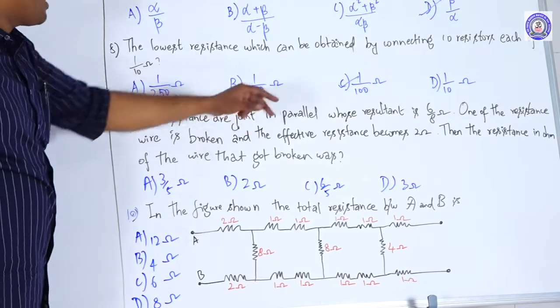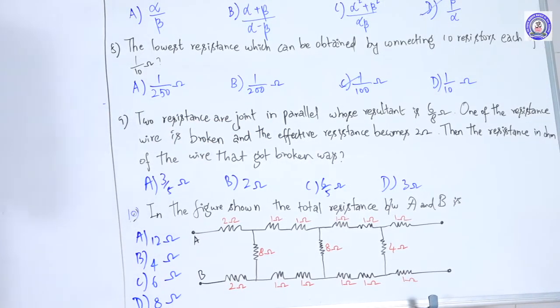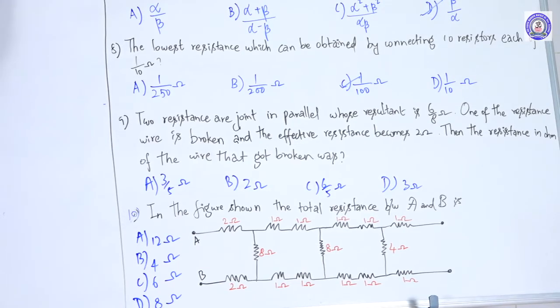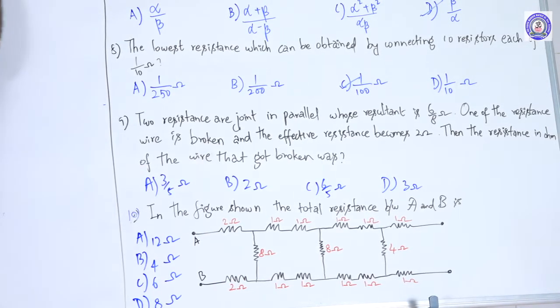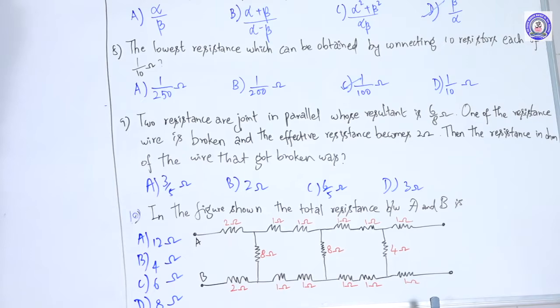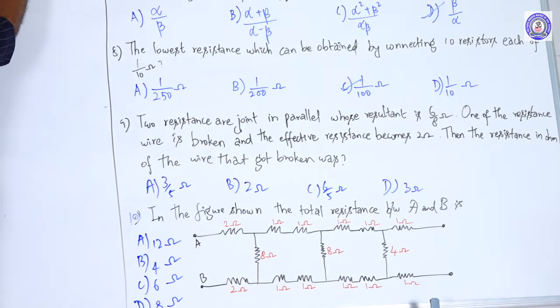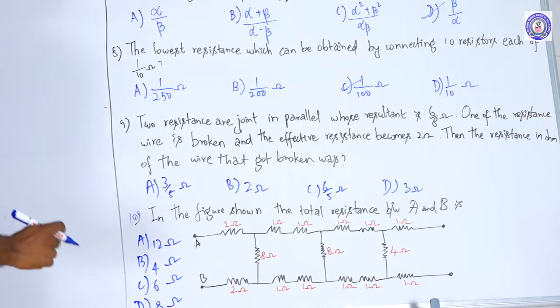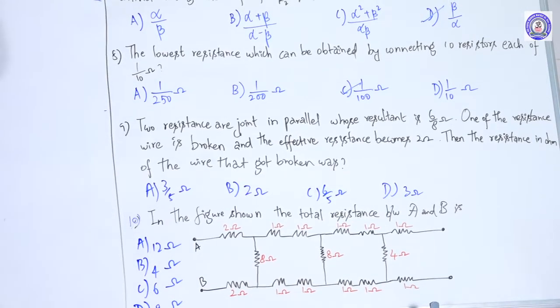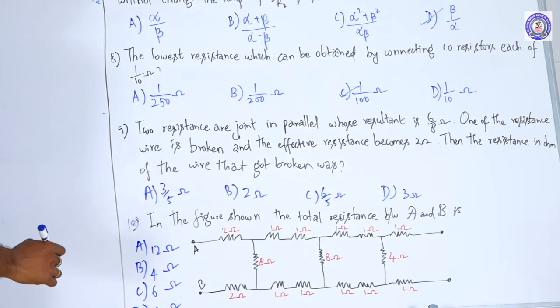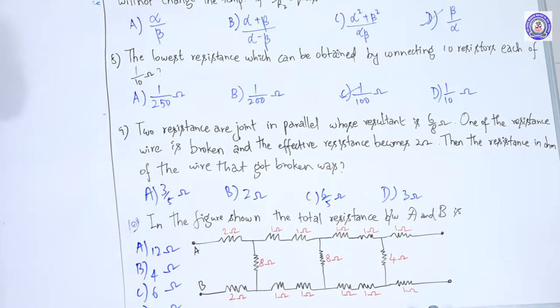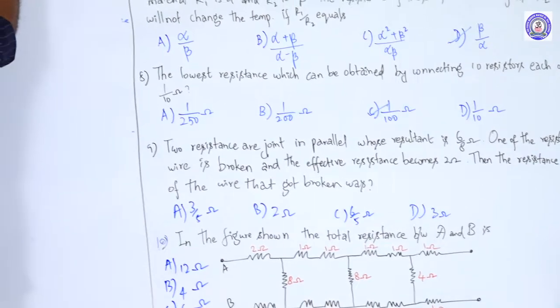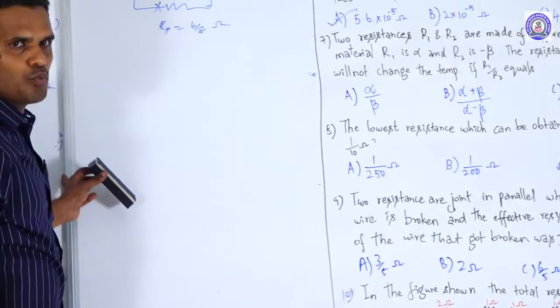Two resistances are joined in parallel, whose resultant is 6 by 8 ohm. One of the resistance wires is broken and the effective resistance becomes 2 ohm, which means this resistance alone will remain, its value is 2 ohm.